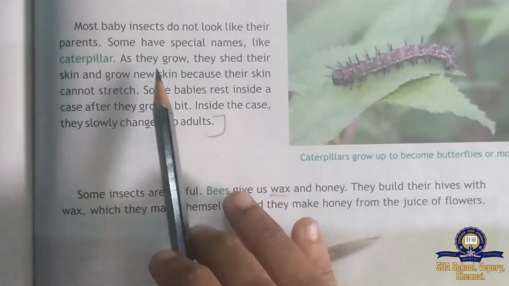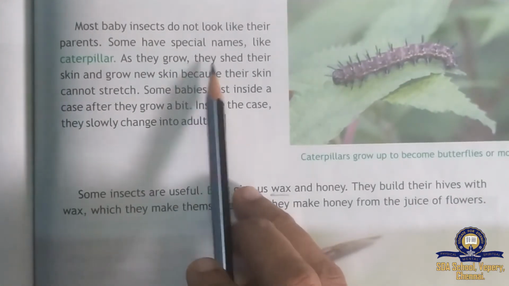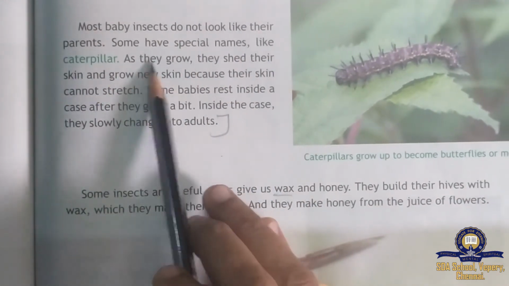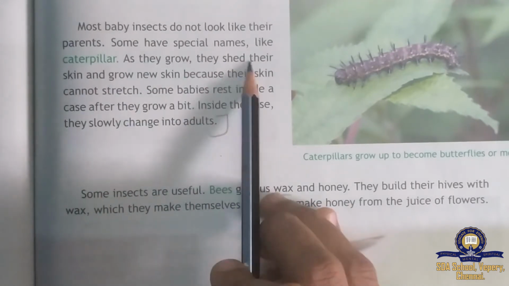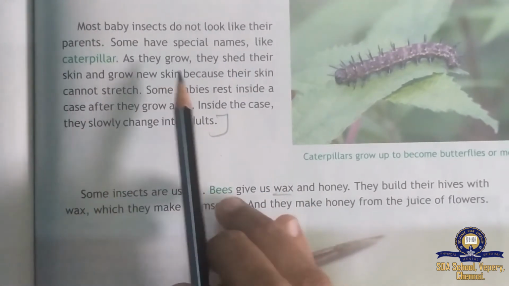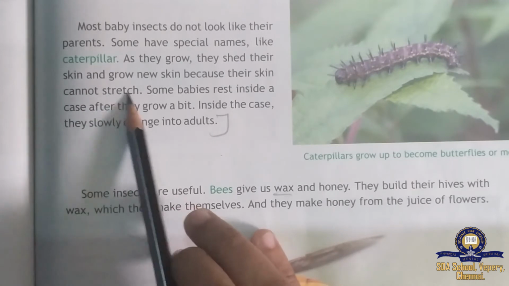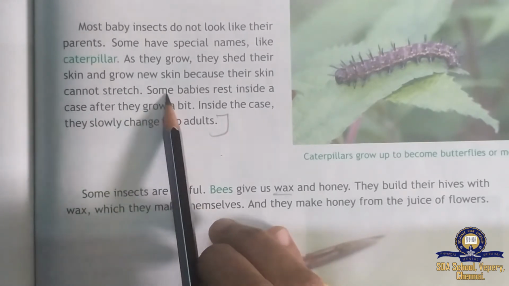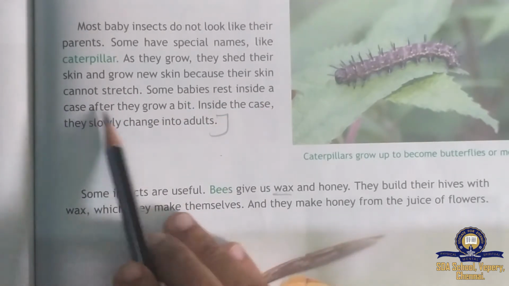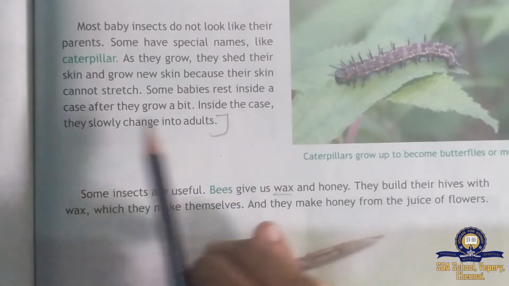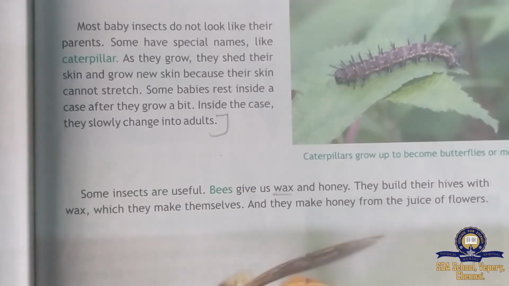As they grow, they shed their skin and grow new skin because their skin cannot stretch. Some babies rest inside a case after they grow a bit, and inside the case they slowly change into adults. An example is the butterfly. The grown-up is a butterfly and the baby butterfly is called a caterpillar.